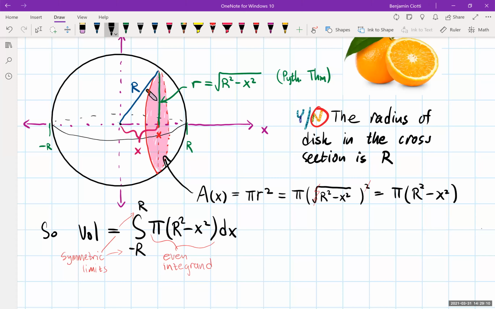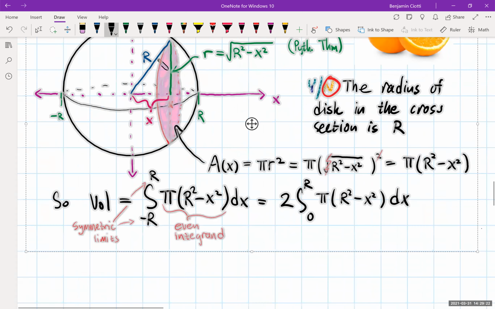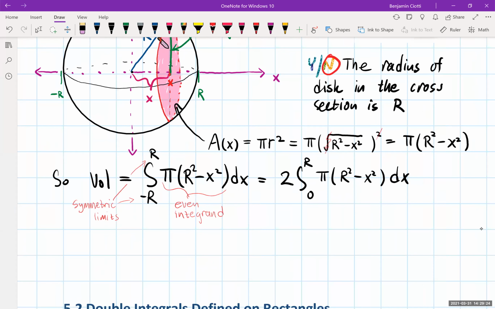Hence, I can write this as twice the integral from 0 to R of pi times R squared minus x squared. Cool. That's one of my favorite little simplifications to do by exploiting symmetry. We are going to come back to that multiple times in this class. And now I'm ready to actually compute the integral.